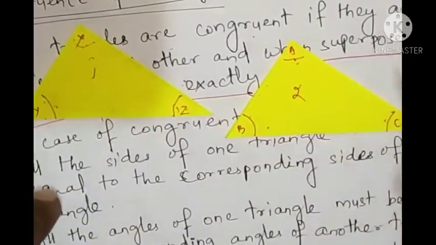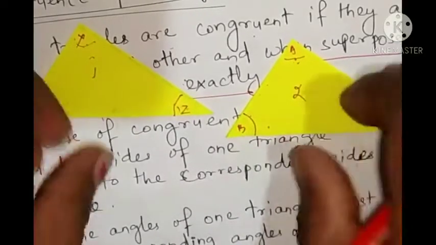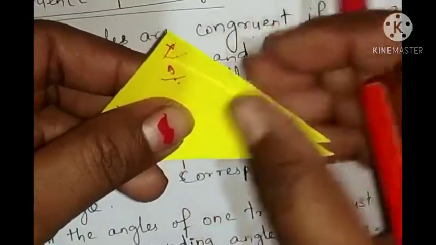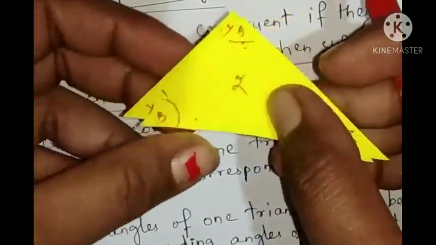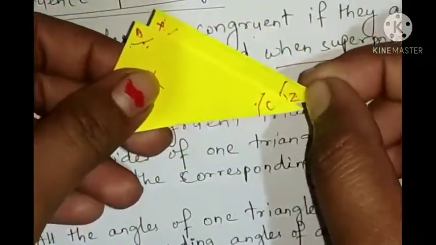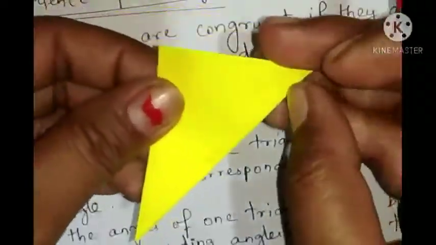Okay. Then what? All the vertices of one triangle must be corresponding to vertices of the other triangle. So look here, vertices means A is corresponding to vertex X, Y is corresponding to vertex B, and C's corresponding vertex is Z. So you can easily say like this.